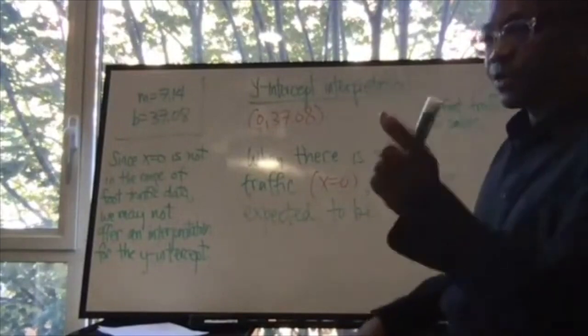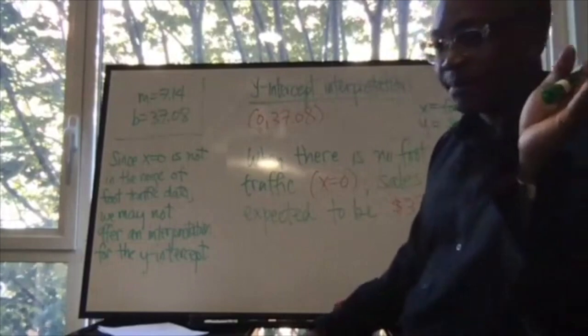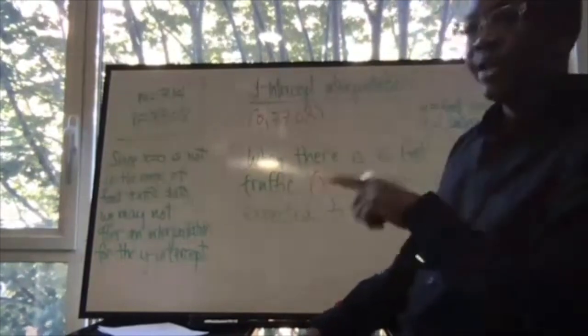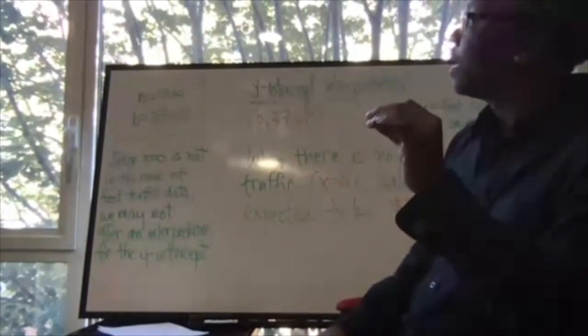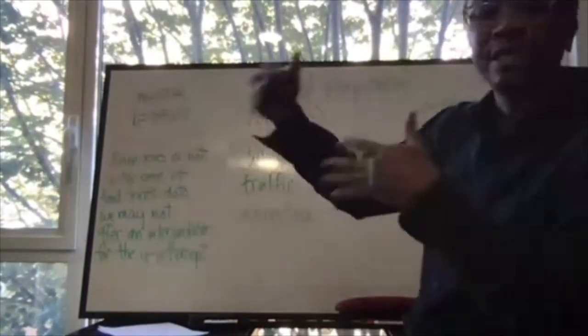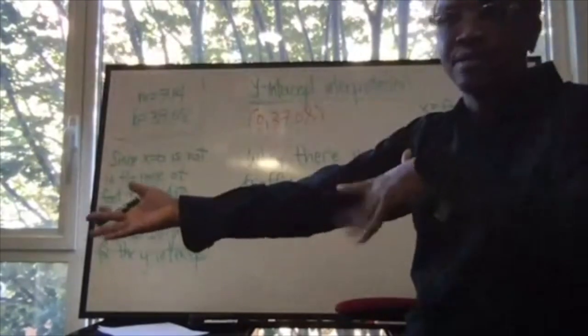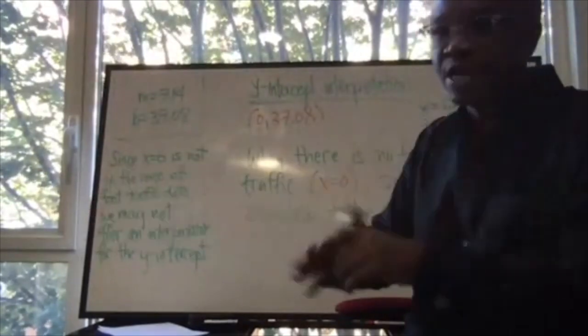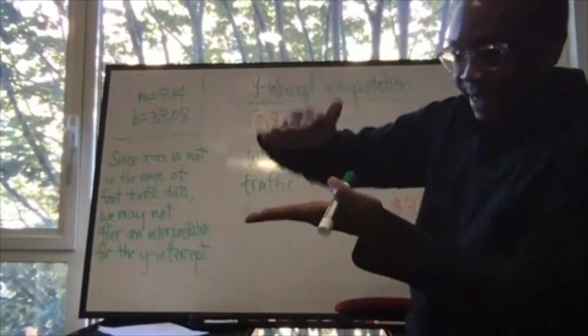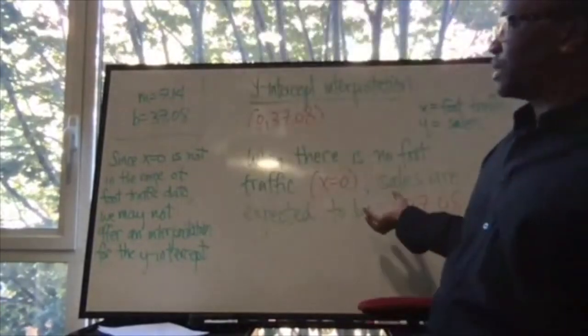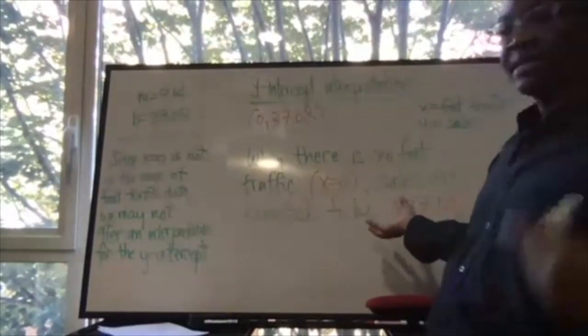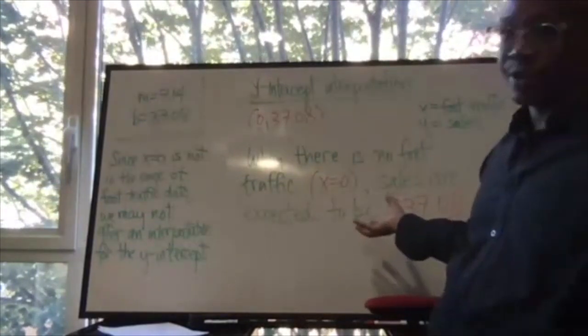Notice the difference in the language. When we interpreted the slope, we said sales are expected to increase by $7 and whatever 14 cents, right? So in other words, it's increasing by. Whereas here, in the interpretation of the y-intercept, I'm not saying it's increasing by 37.08.